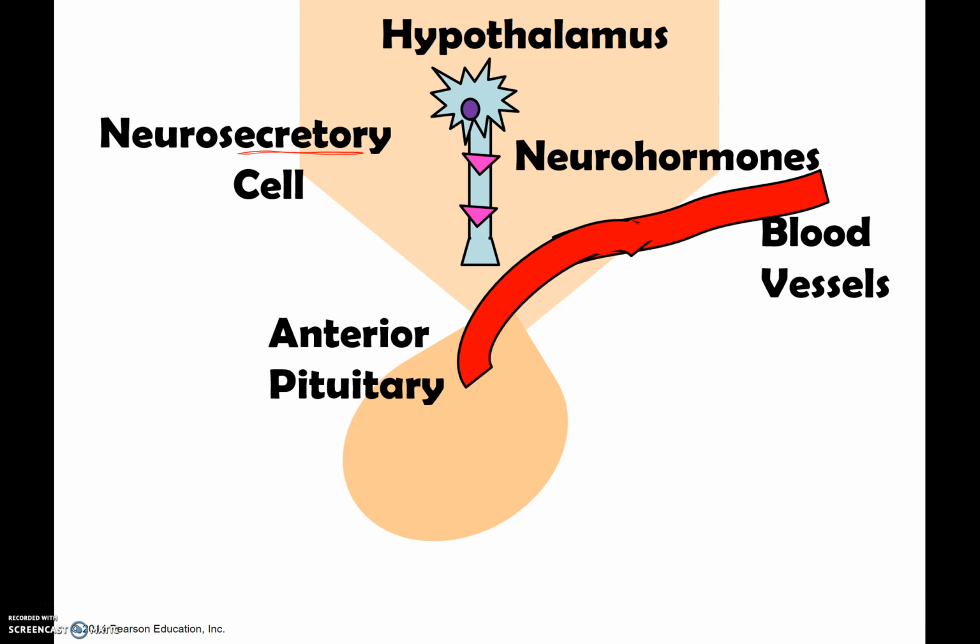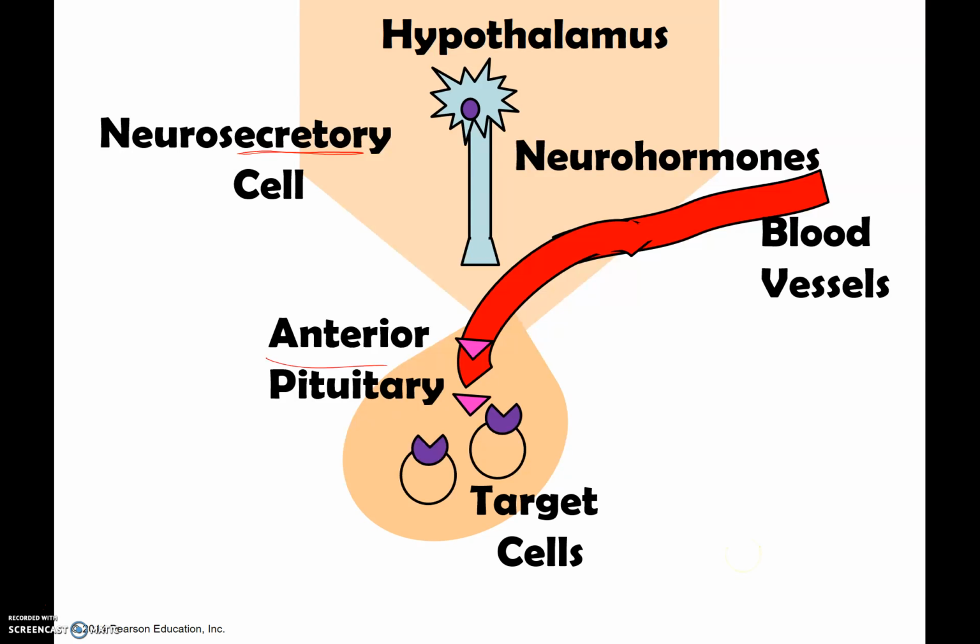But we do know that hormones travel in the blood. So while these neurohormones are only traveling to the anterior pituitary, they still travel there in the blood. The neurohormones travel in blood vessels a very short distance to the anterior pituitary. But when they get there, remember, hormones have their target cells. The target cells for these neurohormones are located within the anterior pituitary.